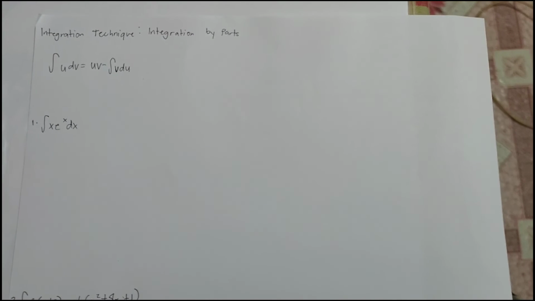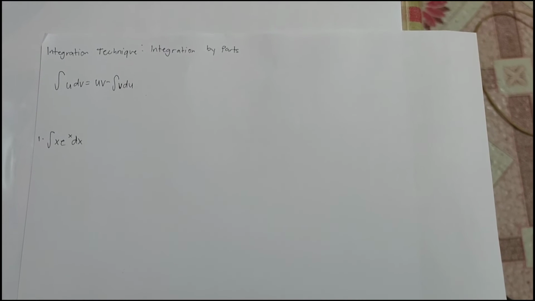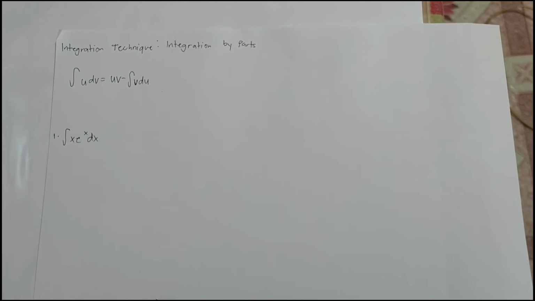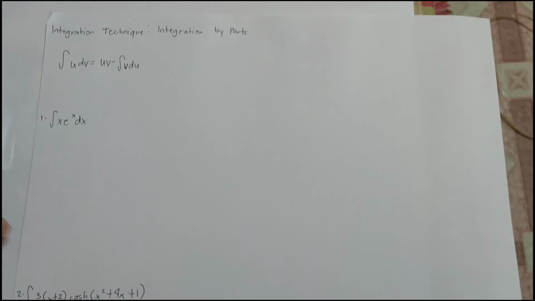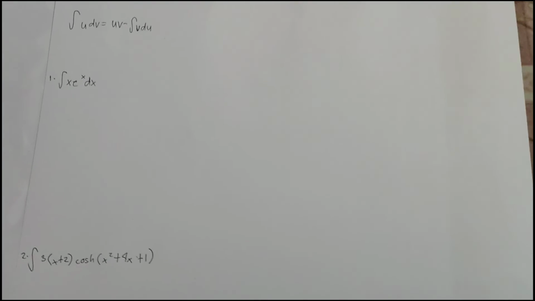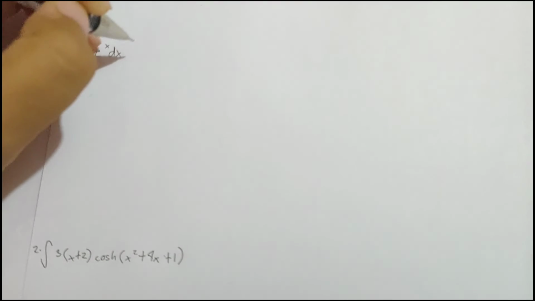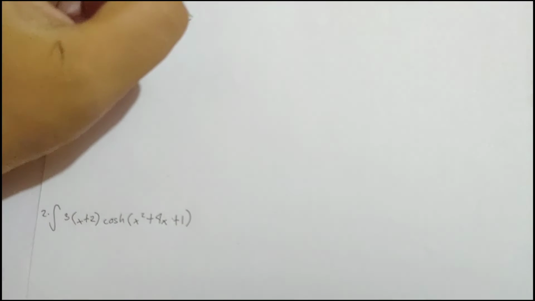The last part of this lecture video will be the integration technique, integration by parts. The formula of integration by parts is the integral of u dv equals uv minus the integral of v du. This is our number 1 problem. First, we'll assign our u. Our u here is x.